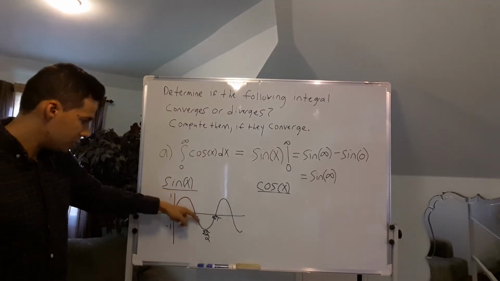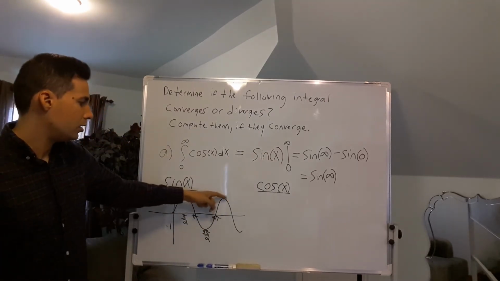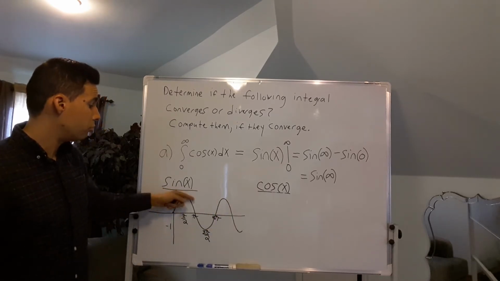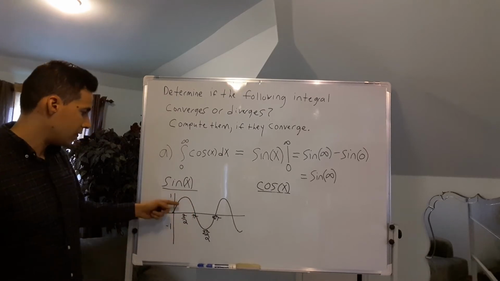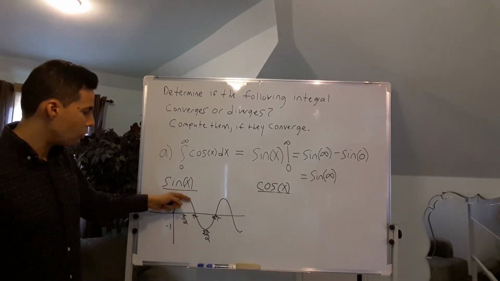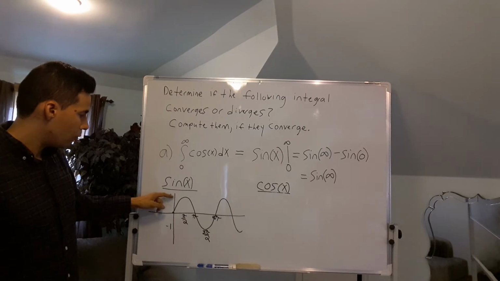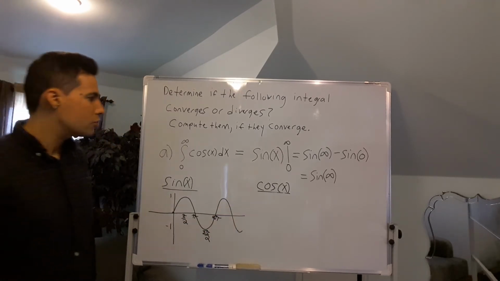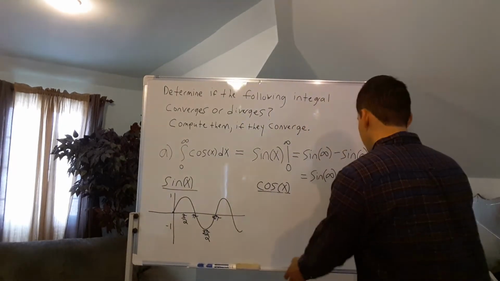It's going to go up to 1, down to -1, up to 1, down to... As you're going this direction, it's not going to actually approach an actual real number. It's going to keep going between every value between 1 and -1 as you go out this way. It's not going to approach a real number. So therefore, we'll say the sine of infinity does not exist.